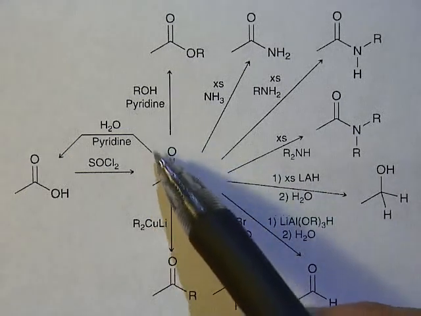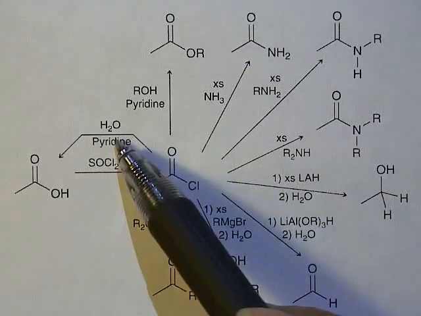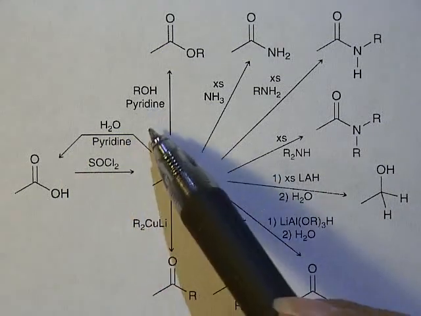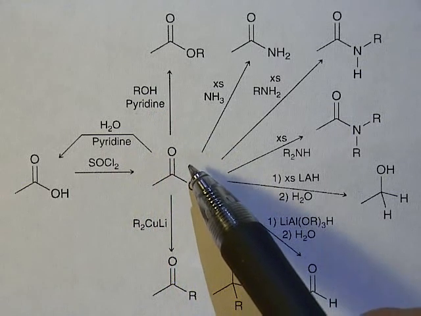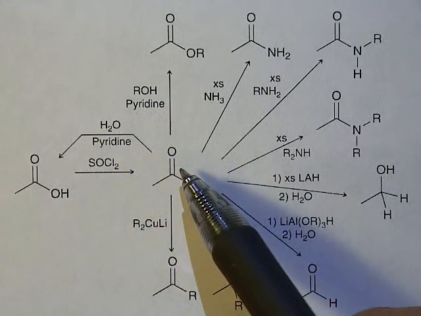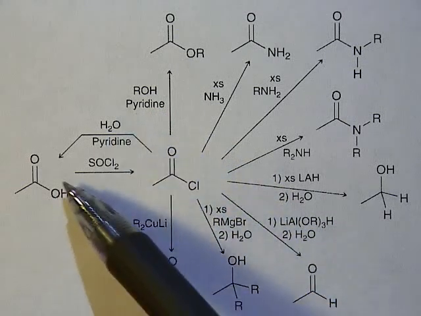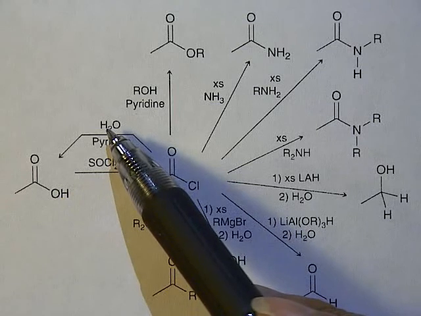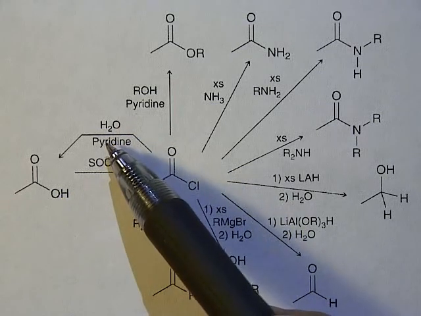But if you wanted to hydrolyze it, this will be a hydrolysis reaction. And notice the pyridine in these reactions: when the HCl is formed, it reacts with the pyridine. All right, so with water, the nucleophile will be OH replacing the Cl, and the extra H will go with the Cl, making HCl, which reacts with pyridine.